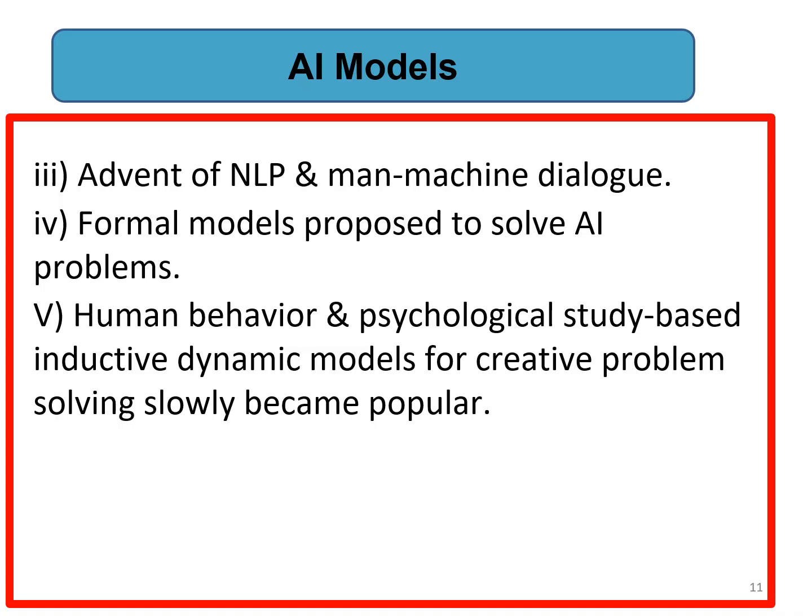So moving to the next content, there are some important key terms related to your AI model. The first is NLP. It enables the computer to understand, interpret and generate human language, man-machine dialogue. It also refers to communication between humans and computers using natural language.